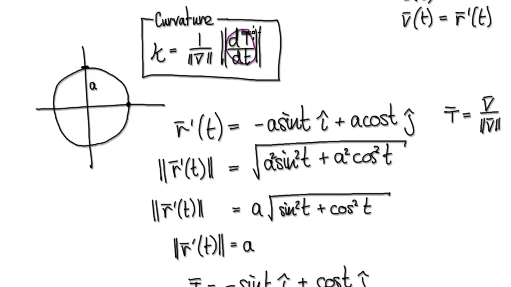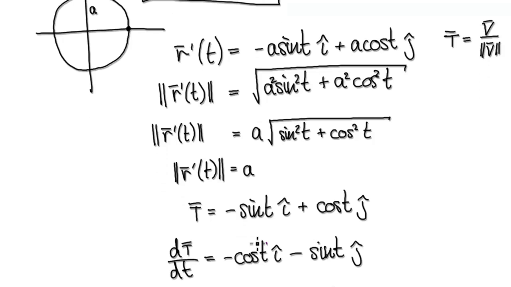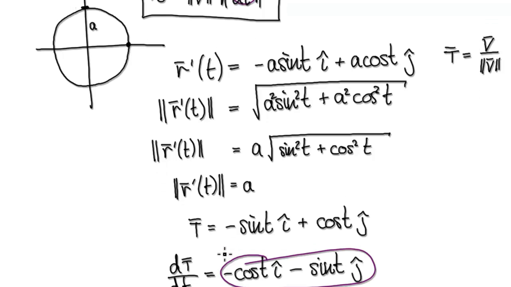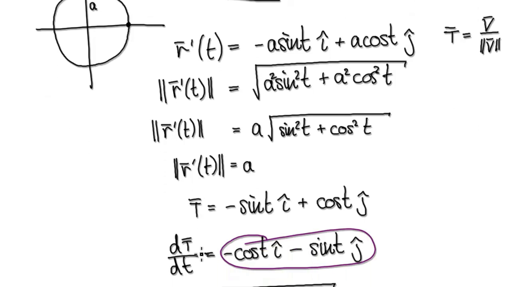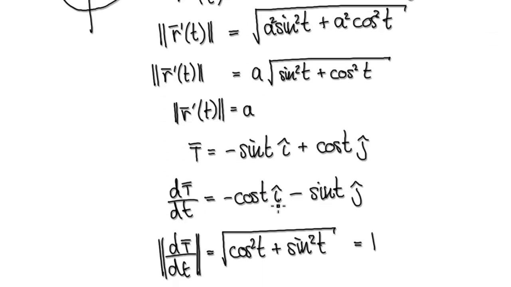But then we need to work out the magnitude of this quantity here. The magnitude is squaring this and then square rooting it. That will give us this thing here.